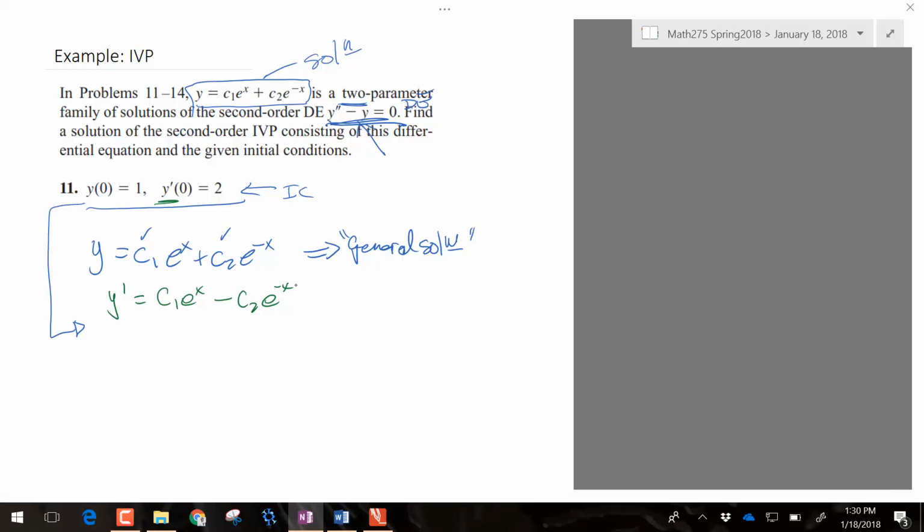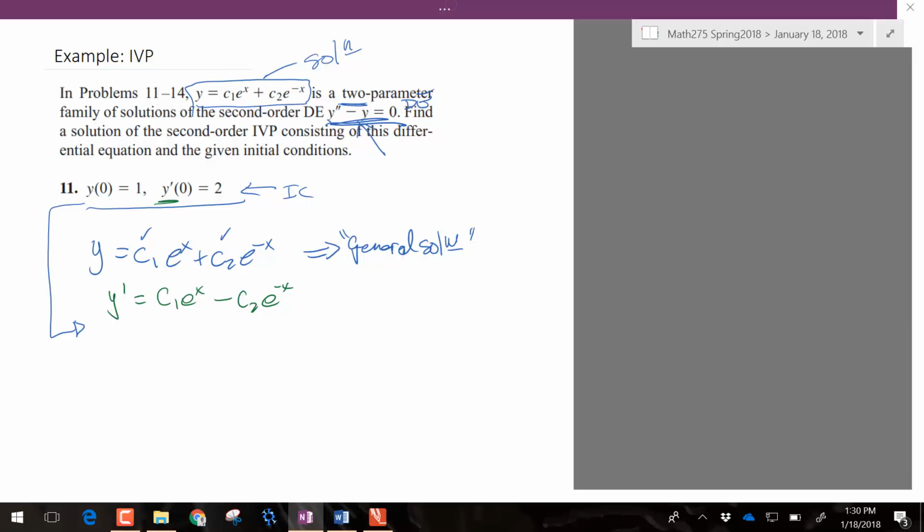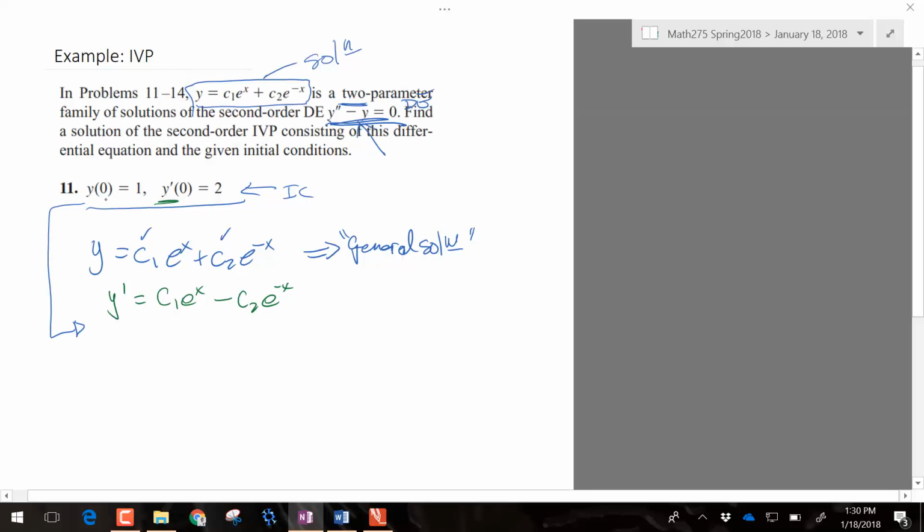So this is our derivative. Now we plug the initial conditions in. When x is equal to 0, y is equal to 1. So we have 1 = c1 e to the 0 plus c2 e to the negative 0, which gives us 1 = c1 + c2.